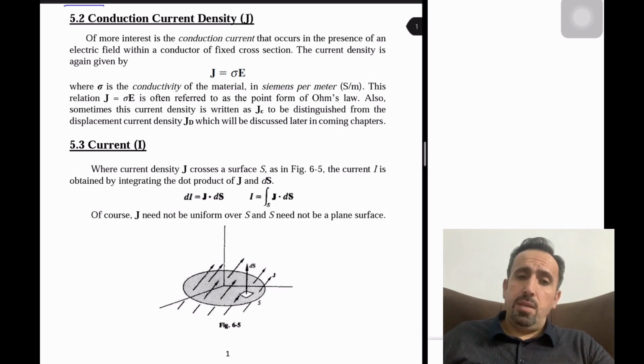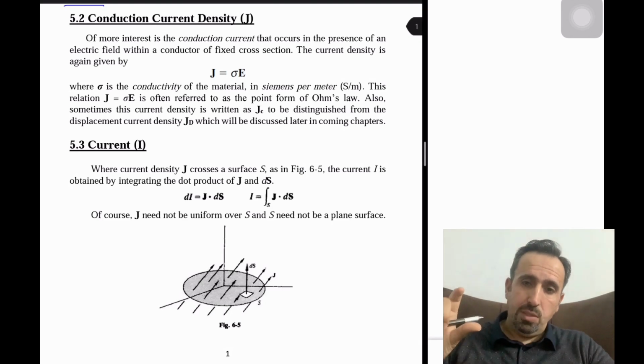Here the answer is it is not a simple current, or not the traditional current, which is conduction current passing through a conductor, because you are talking about an isolator.